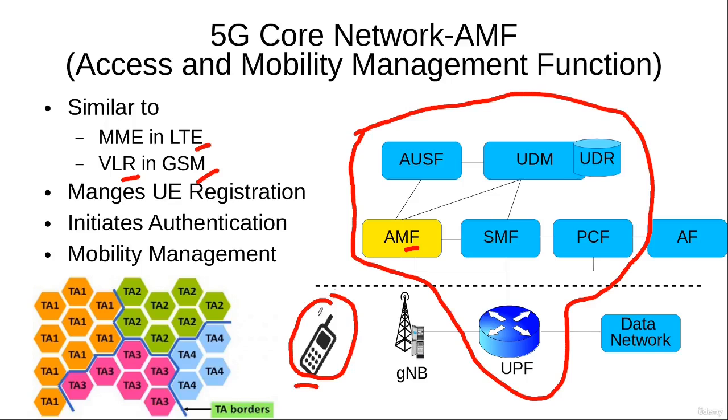Similarly, when a user equipment is in a call, its location is known to the network up to the cell level. So when a mobile moves from one cell to another cell, its cell location needs to be updated, and this procedure is also handled by the AMF from the 5G core network side.